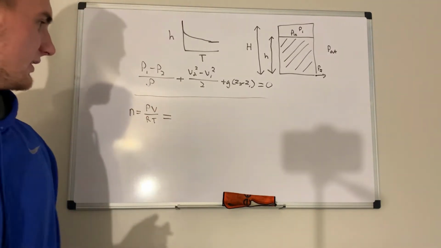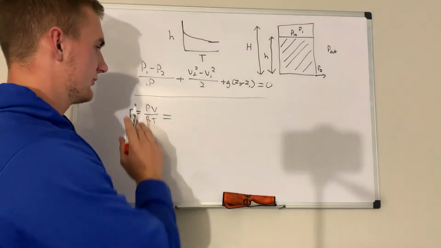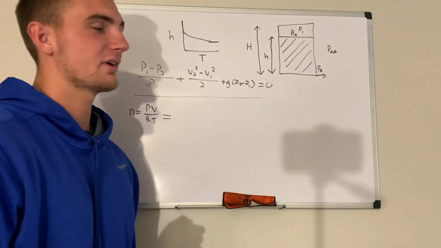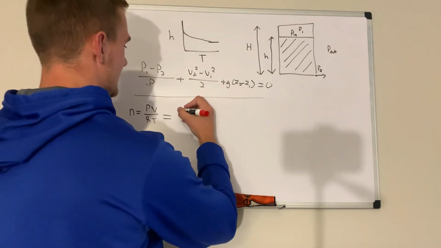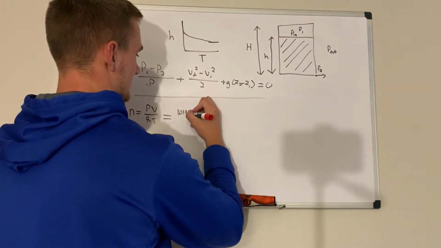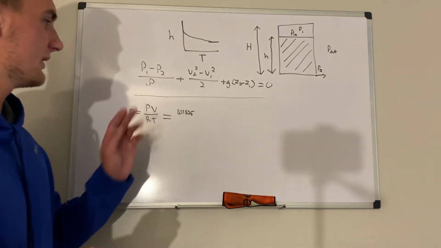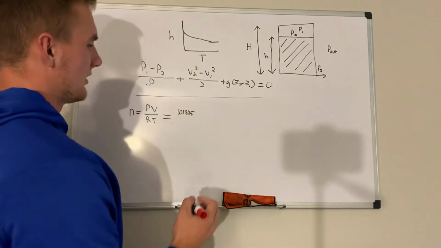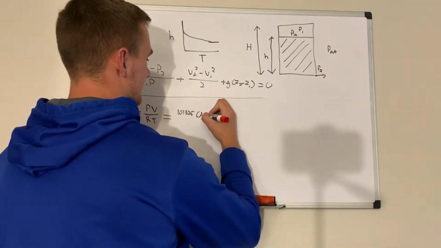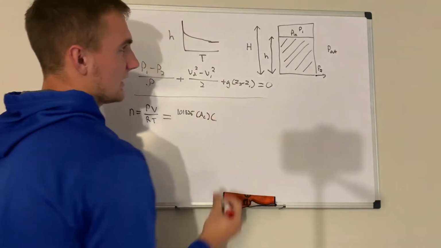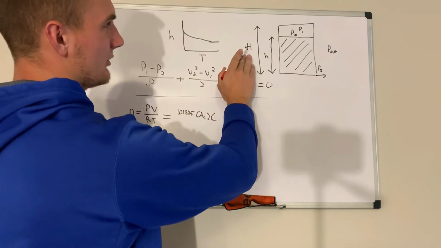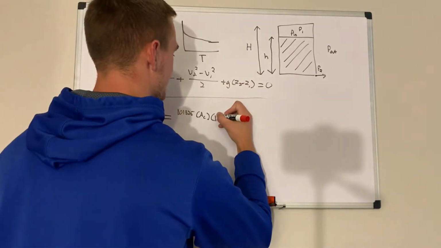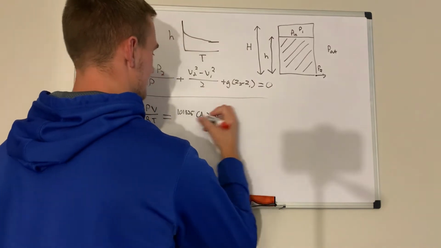So we can simplify this if we look at the initial situation. Initially we can say that the pressure inside this headspace is 101325 multiplied by the volume here, excuse me, which will be the cross-sectional area, we'll call that AC, times the height, which is big H minus little h.